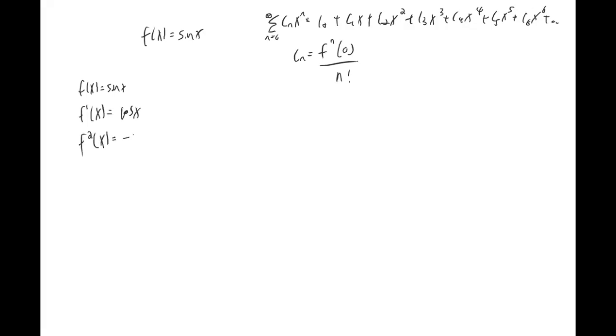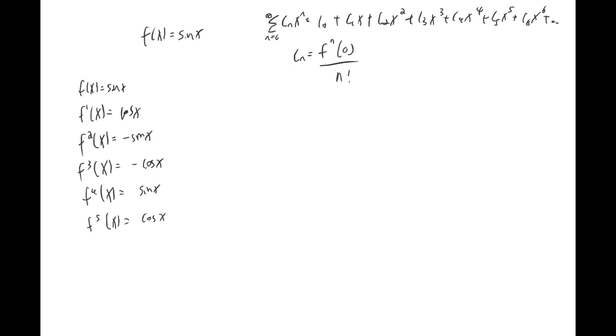Derivative of sine is cosine. Derivative of cosine is negative sine. Negative sine is negative cosine. Derivative of negative cosine is sine. And then so on and so forth. Let's just stop here.